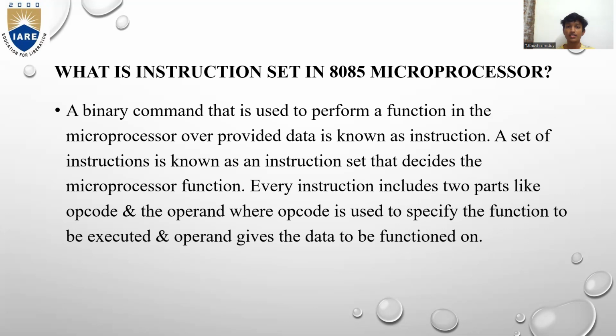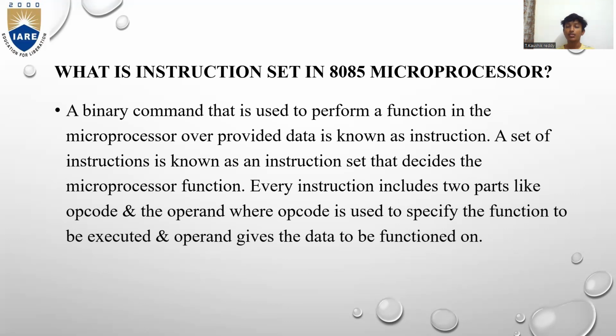So what is an instruction set in the 8085 microprocessor? A binary command that is used to perform a function in the microprocessor over the provided data is known as an instruction. A set of instructions is known as an instruction set. Data decides the microprocessor function.